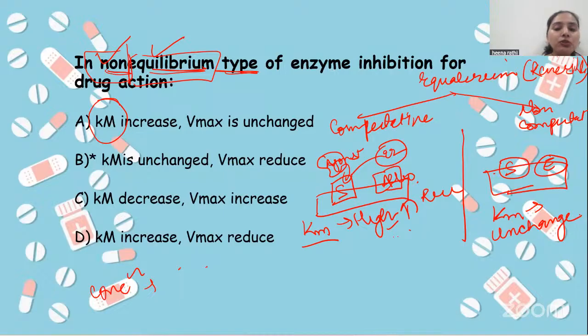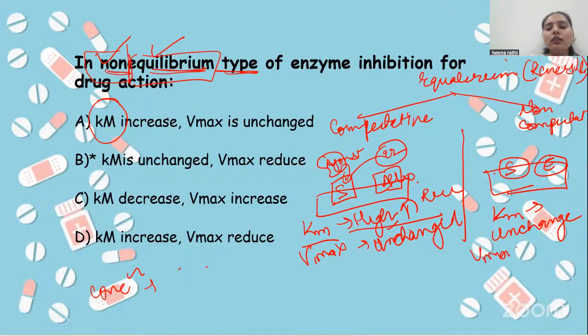So what will happen to the Vmax? In the competitive type, when a higher concentration of the substrate is required to attach to that site, the velocity of this reaction will be unchanged, because with higher concentration the competition is overcome and the velocity is not affected.